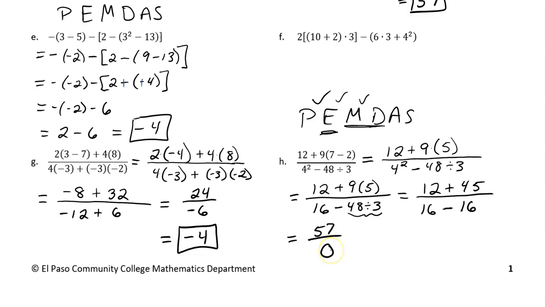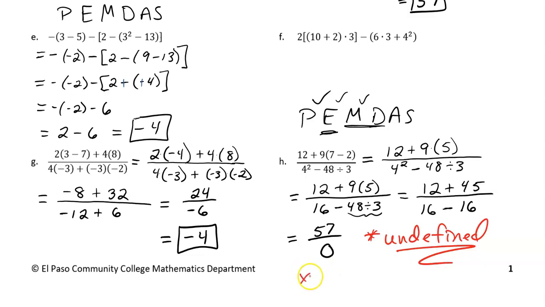If I were to try this in my calculator, what would my calculator tell me? In fact, if you want to, try that in your calculator. Well, it turns out this is going to give us an undefined answer. Undefined. There we go.